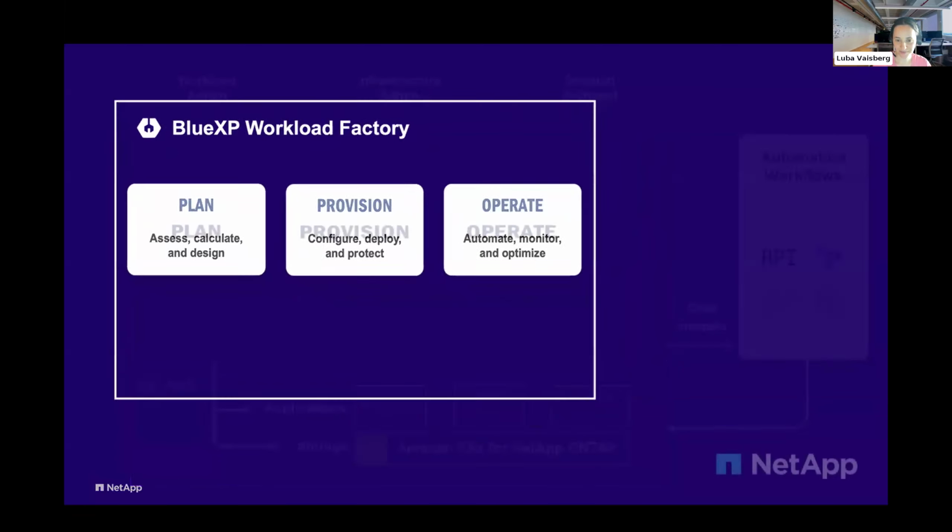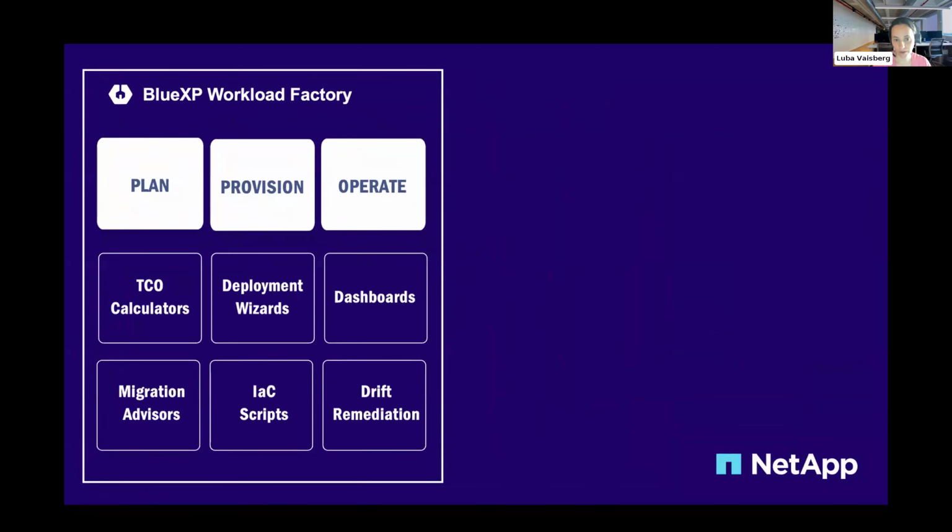Next, Danny, please. So what else do we have within BlueXP Workload Factory? Well, there are the calculators, the deployment wizards. We have dashboards, so you'll be able to see your entire environment in one place and identify potential issues, whether it comes to cost or performance. We have migration advisors that help you to move data either on-prem or in the cloud to FSx for ONTAP.